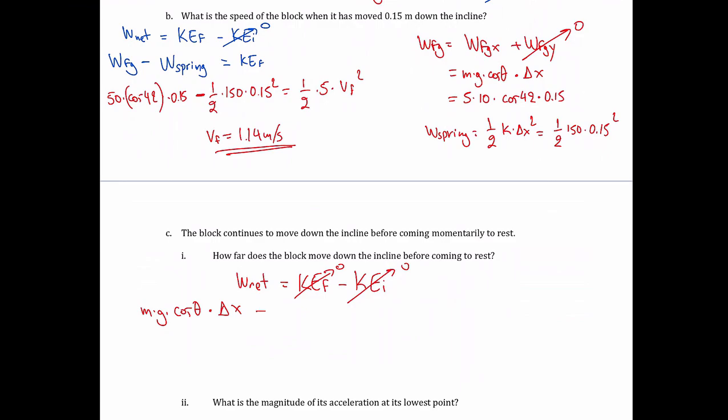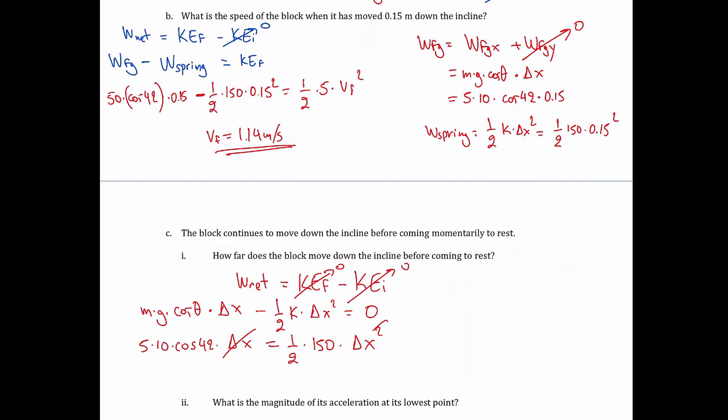And the work by the spring is 1 over 2 k x squared, but again we don't know this delta x. So we know most of these values, so 5 times 10 times cosine of 42 multiplied by the unknown distance. I can take the 1 over 2 to the other side. 1 over 2 times 150 times the delta x to the power of 2 is unknown. 1 delta x with 1 delta x cancels.